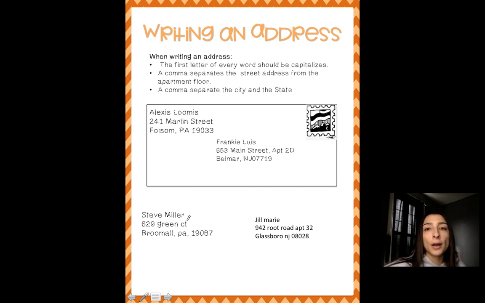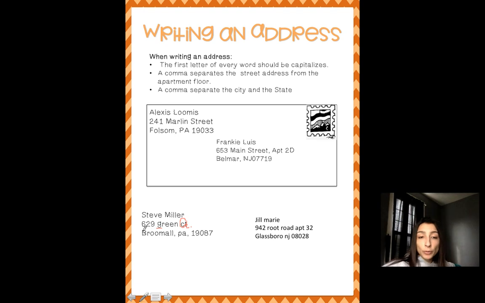Well, I know from earlier when we were talking about capital letters that the names of streets are important and abbreviations need to have capital letters with a period. So our Green needs to be capital. Your Court needs to be a capital C. The T is fine, but also when we write abbreviations, we need to have the period there.